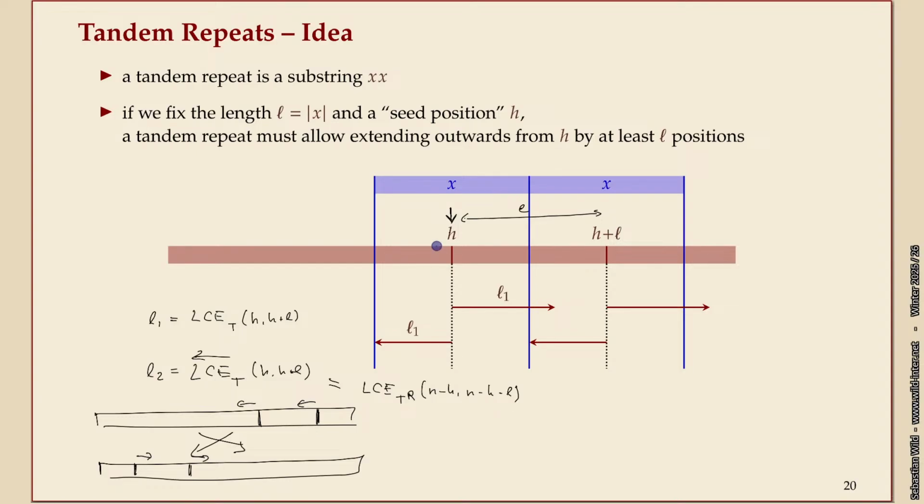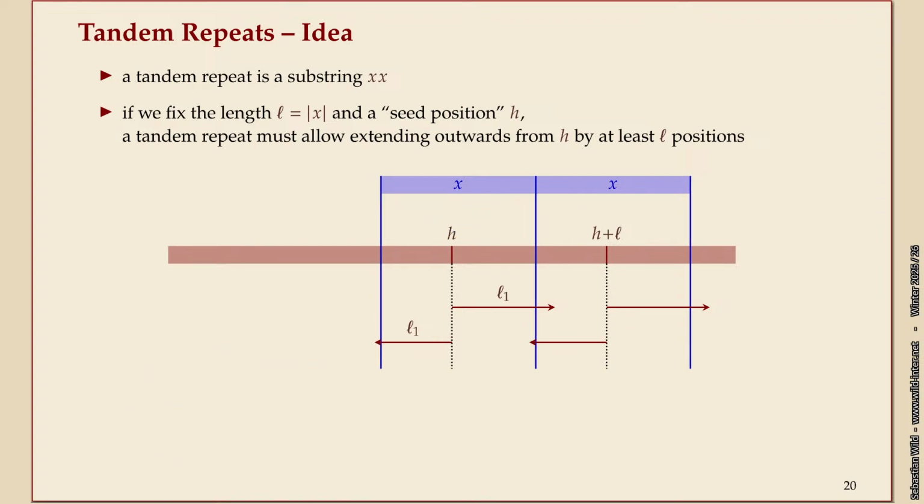What remains left is I still seem to be forced to do this for every possible h and L. So how can I make progress? And the solution there is we use divide and conquer.